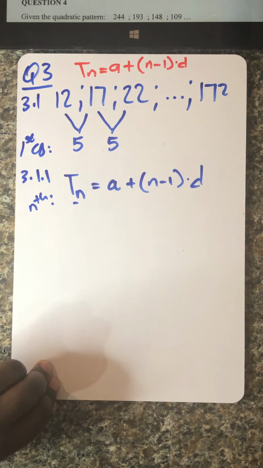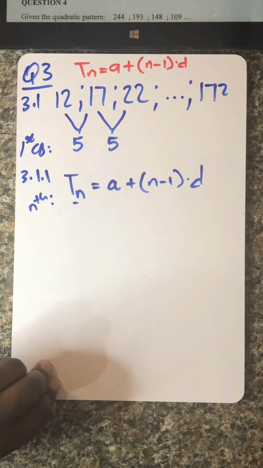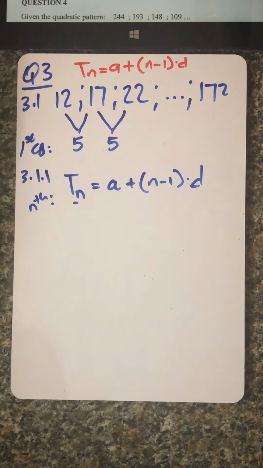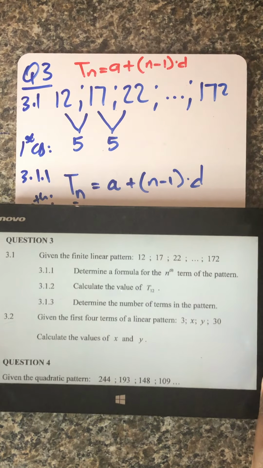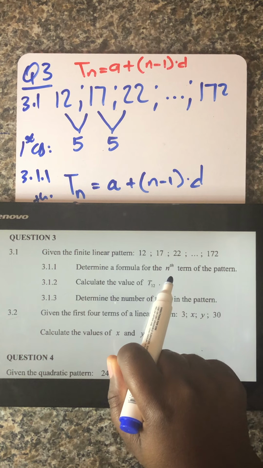So how do we now determine the nth term, guys? Because this formula is Tn, which is already in that form of nth term. But the question says determine the formula of the nth term.